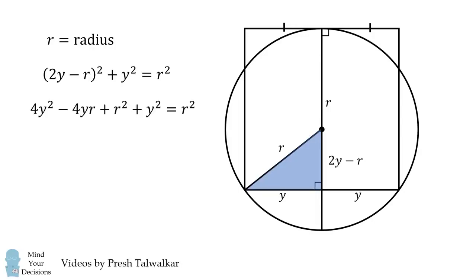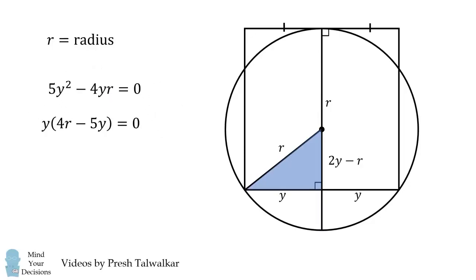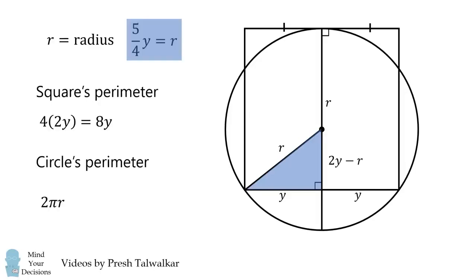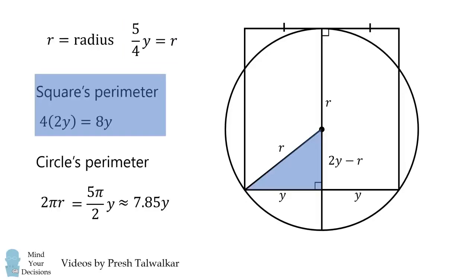We can then simplify this equation, and just like before, we end up with a very similar equation. We have two possibilities, and we reject y is equal to 0, and this proceeds just like before, where we calculate the perimeter of the square and the circle, and we're going to get that the square's perimeter is going to be larger than the circle's perimeter.